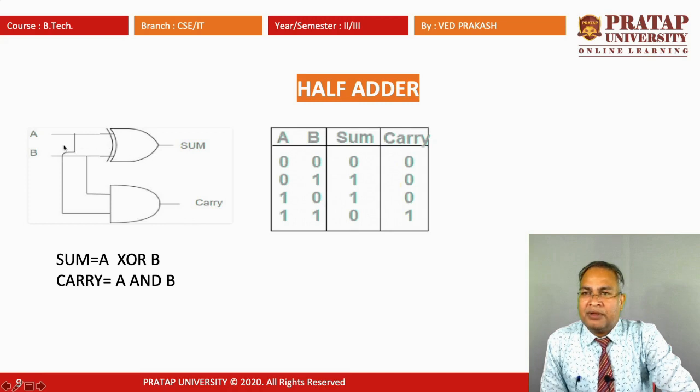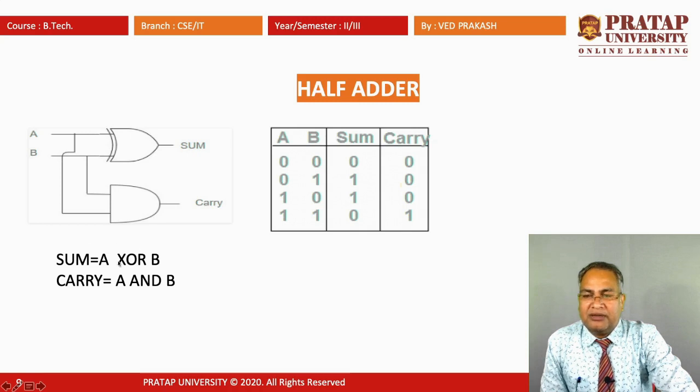Now, this gate denotes the XOR gate, and the output of this XOR gate is A XOR B, because the inputs given here are A and B. So the output of the sum is denoted by A XOR B. If we expand this equation, we get A bar B plus A B bar.